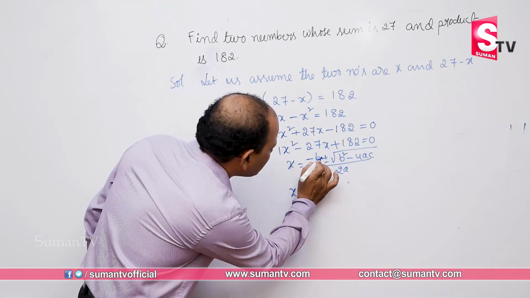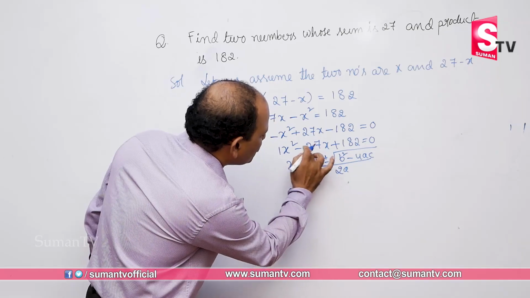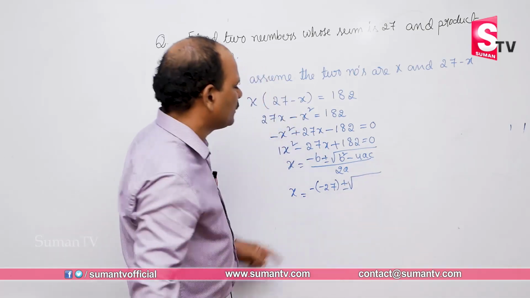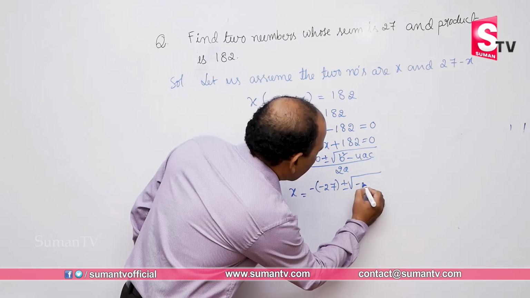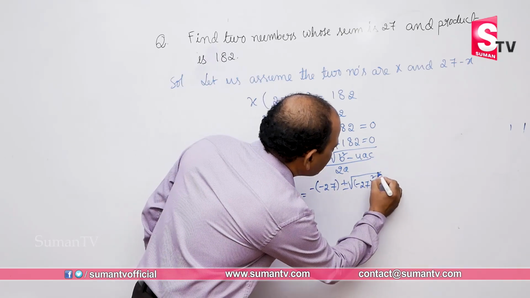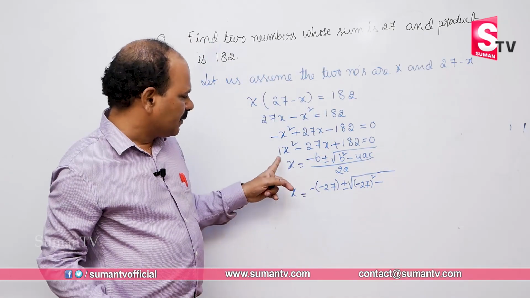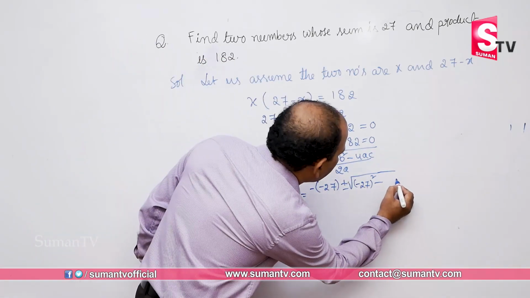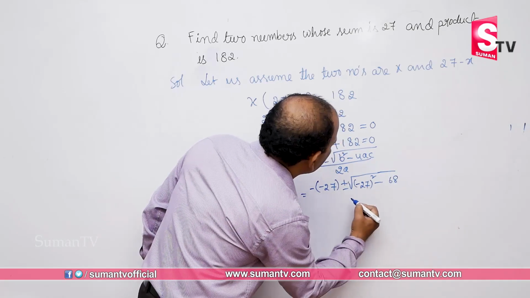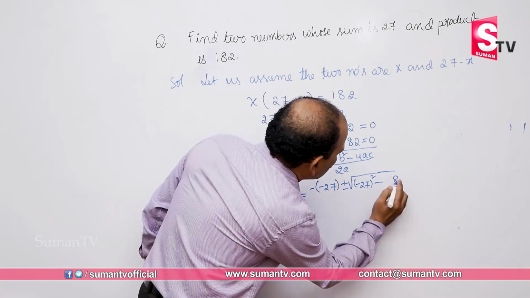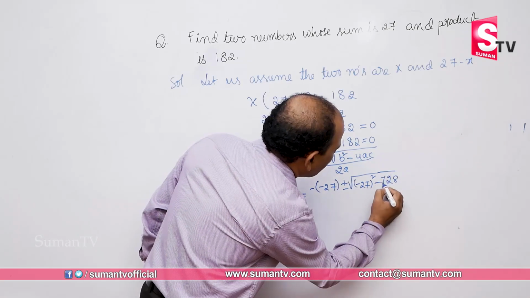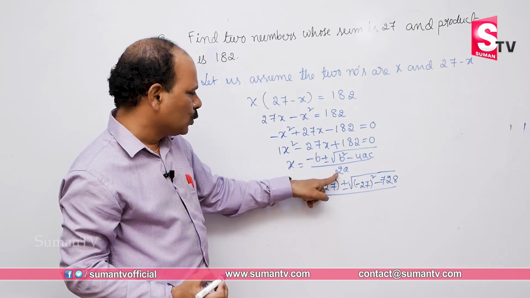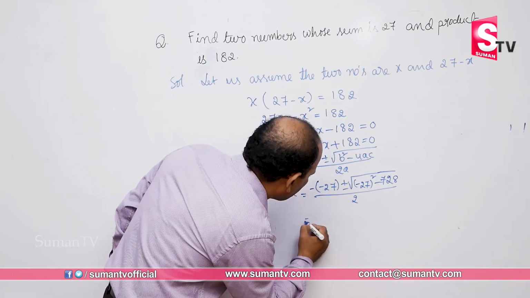I am substituting the values. x is equal to minus b, and in place of b I am substituting minus 27, plus or minus root of 27 whole square minus 4ac. a means 1, c means 182. 4 into 1 is 4, and 4 into 182 is 728. Then divide by 2a, and 2a means 2 into 1, which is 2.